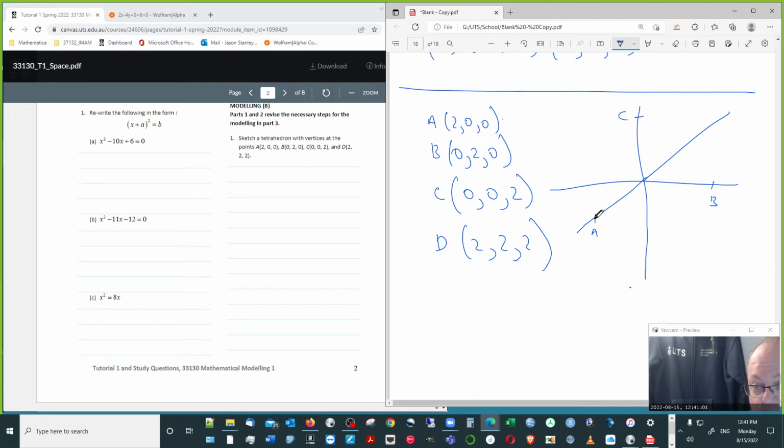And so if we just draw that line across and that line across, this is a classic kind of shape that gets used. Sorry, I missed that point. 2, 2, 2. Now where's 2, 2, 2? 2, 2, 2 is going to be out here somewhere. So if I had to draw it up, 2, 2, 2 is going to be up here somewhere.